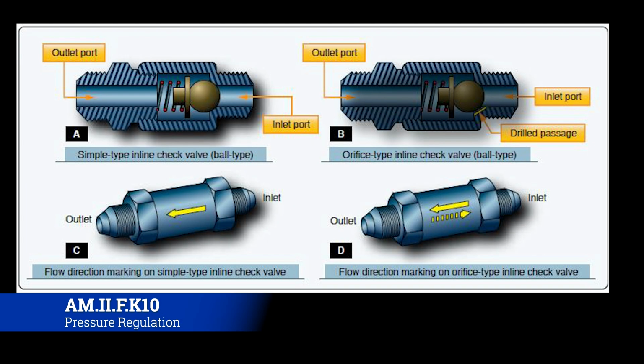Okay, probably one of the most important valves to remember when it comes to hydraulic lines or hydraulic systems is the check valve. The check valve essentially just allows fluid to flow one way and not the other. The way it does that, there's a little ball valve on there with a plate behind it, and as pressure is applied to that plate, it compresses a spring, allowing fluid to pass around the ball and plate and spring, and then down through the line.